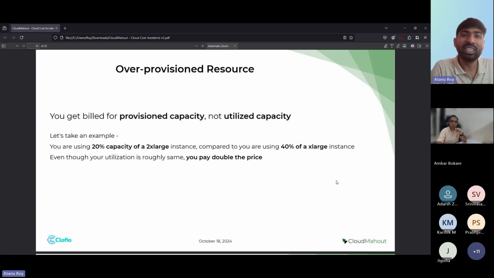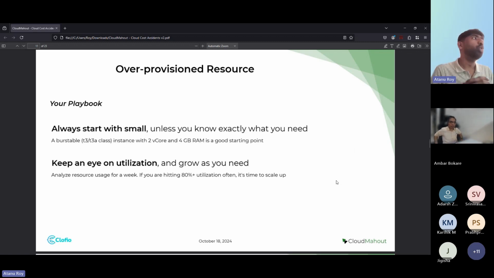But more commonly, we see that they use only a fraction of that resource and end up losing money for the rest of the capacity, which they are not using, right? Over-provisioned resource is one of the most common ways of overspending. And we are going to talk about what you should do to stop overspending, right?